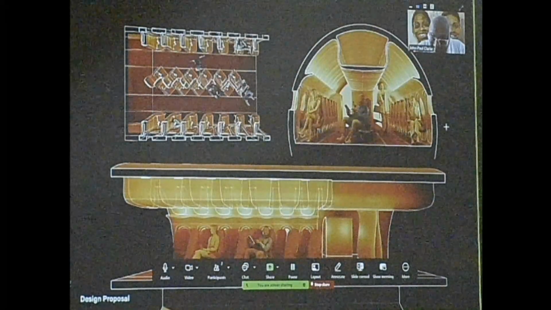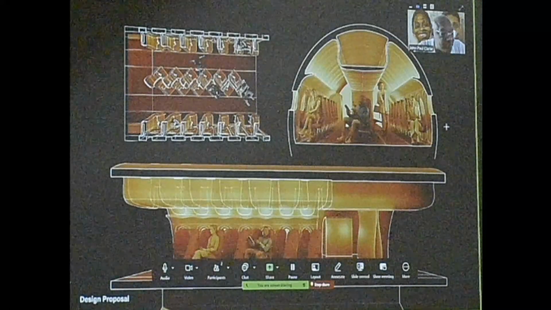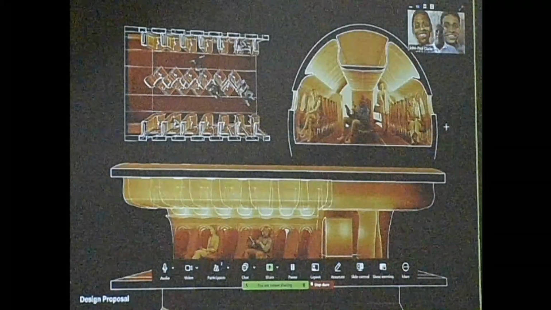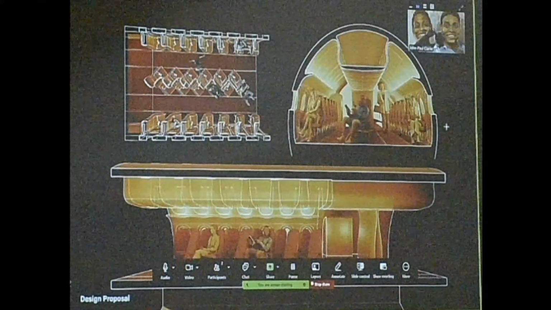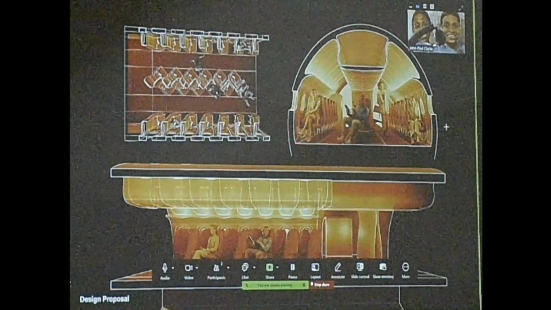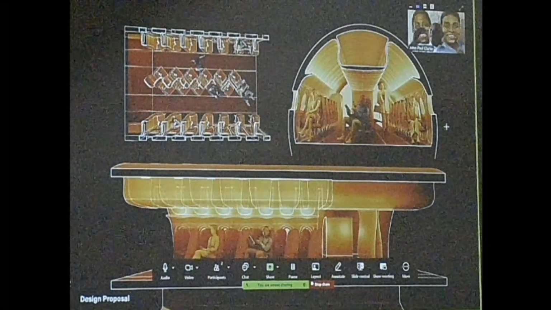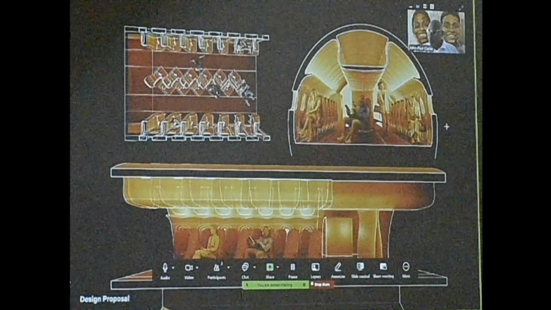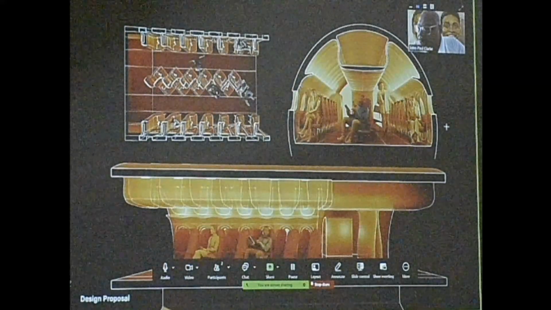Yeah, I could maybe take that one. One thing we were really thinking about was the lack of privacy that you typically experience. Most of the time you might be seated next to a stranger, even if you're traveling with family or a partner. So one of the things we wanted to prioritize was a sense of privacy.